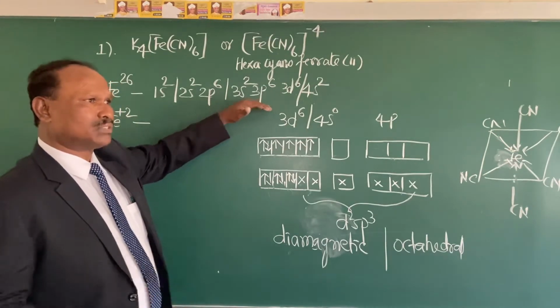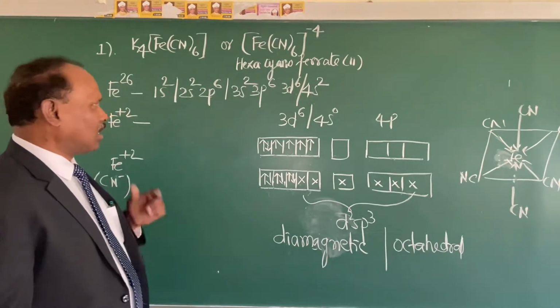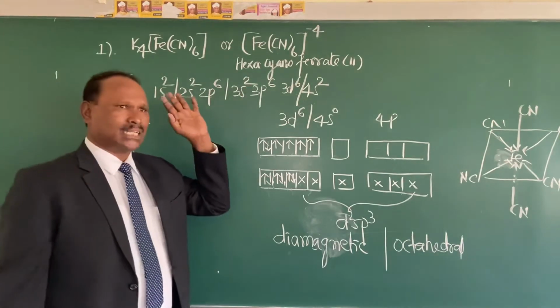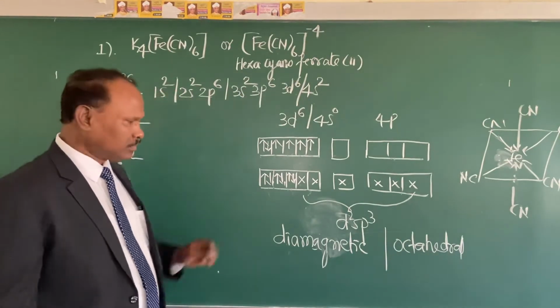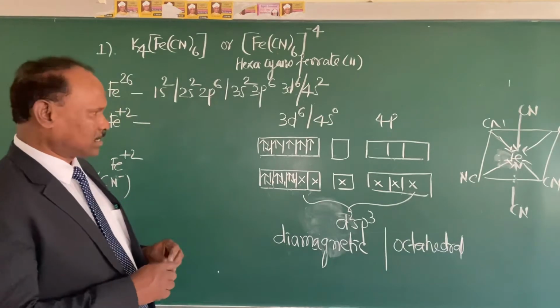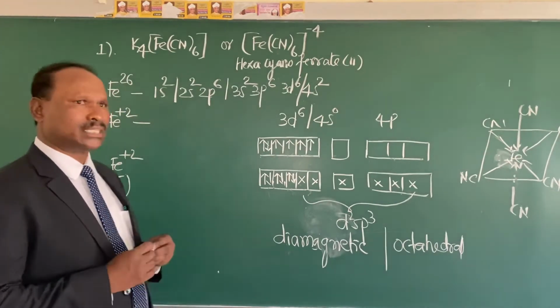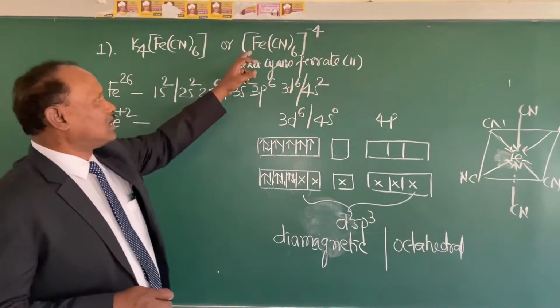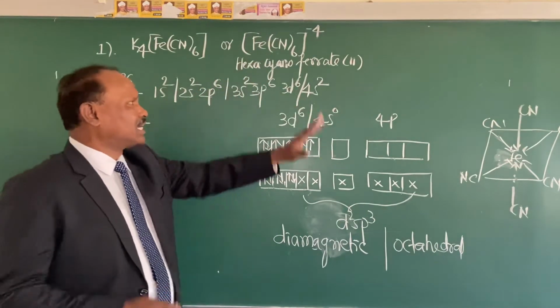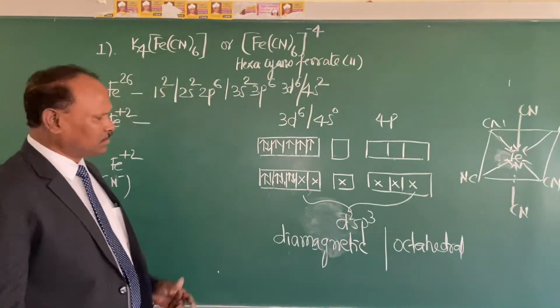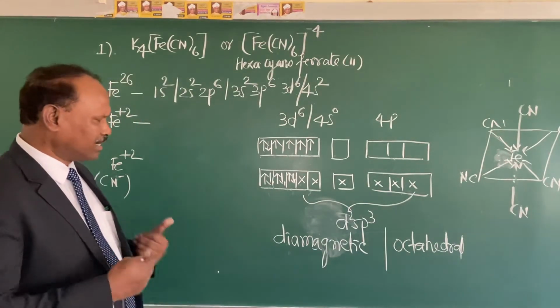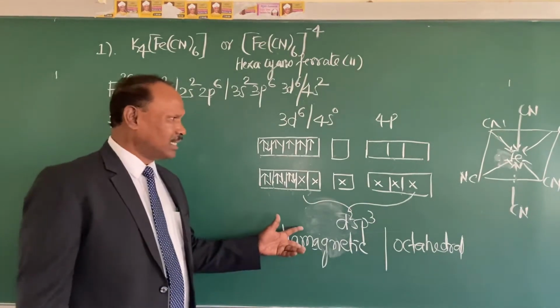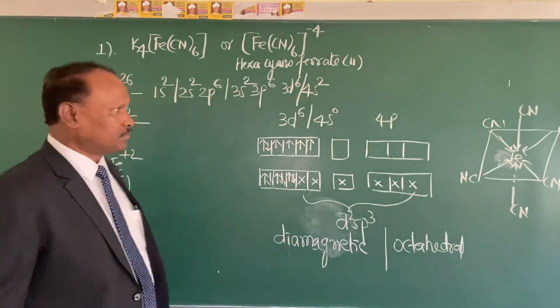Therefore, they are called what? Non-bonding orbitals, and the electrons present in them are called non-bonding electrons. So, dear students, I have explained the structure of the hexacyanoferrate(II) complex ion, and there we came to know that it is diamagnetic in nature.